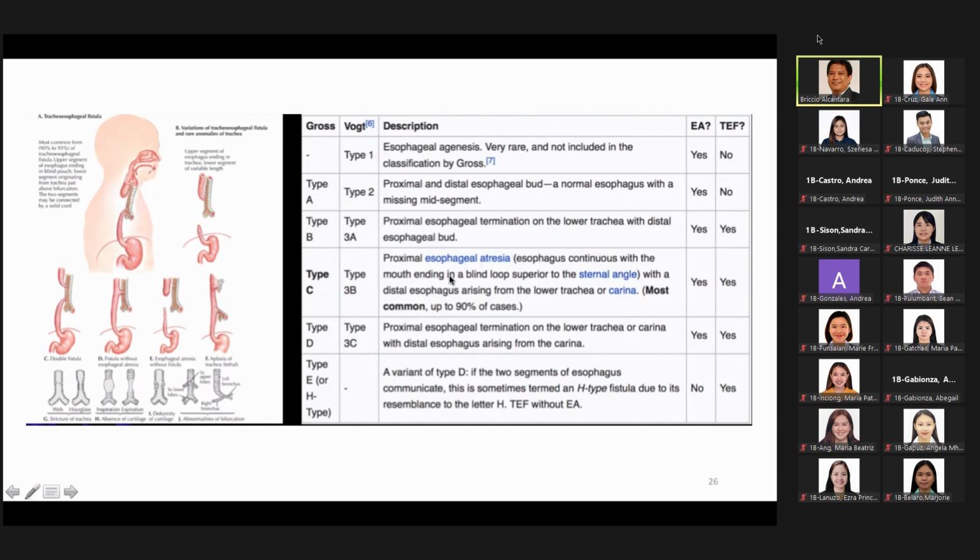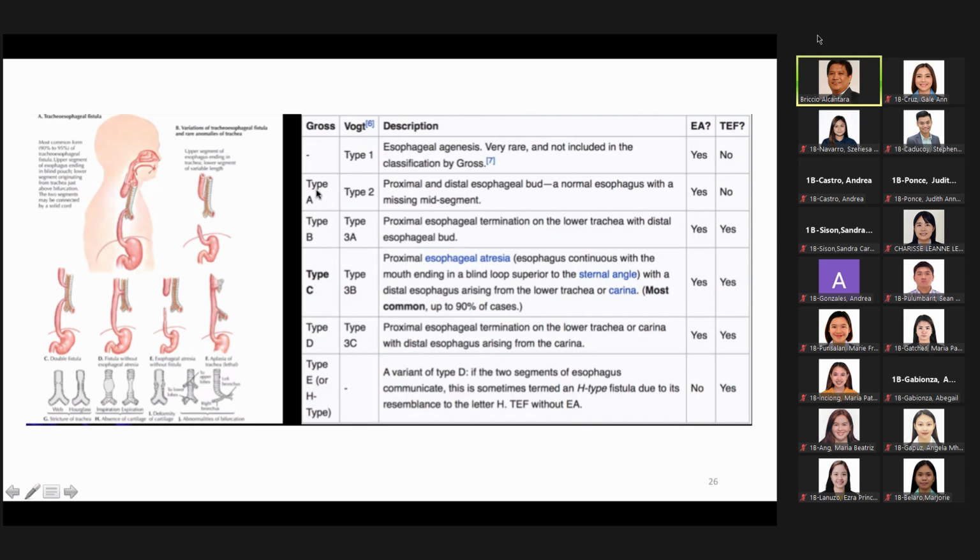Your esophagus continues with the mouth ending in a blind loop. Okay, and this is the most common, with the distal esophagus arising from the lower trachea or carina. Okay, and then type D here, termination on the lower trachea or carina with the distal esophagus arising from the carina. So you have several types now.